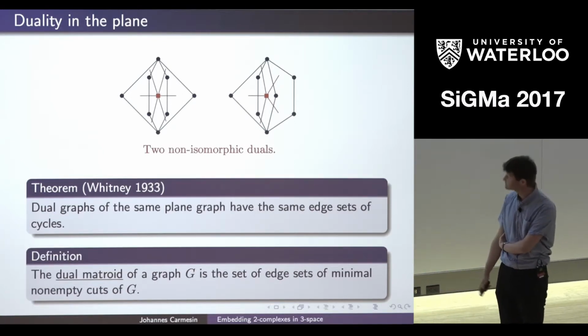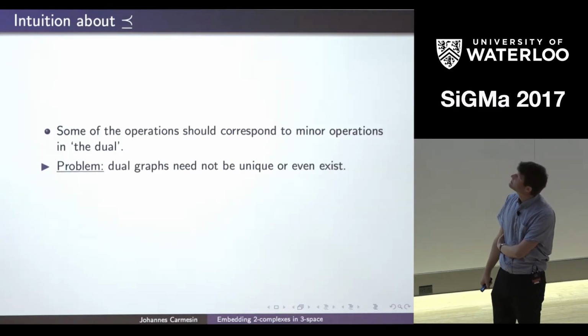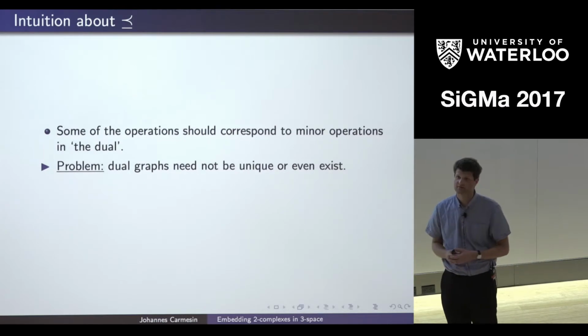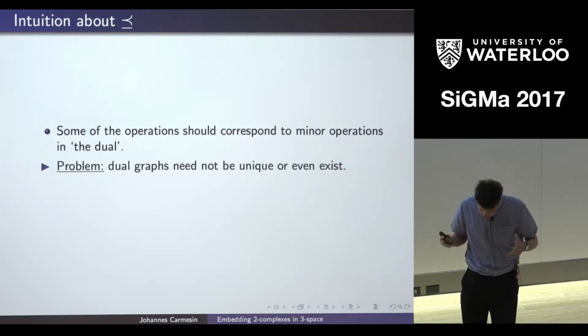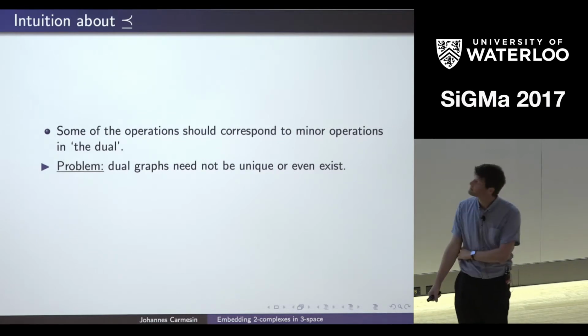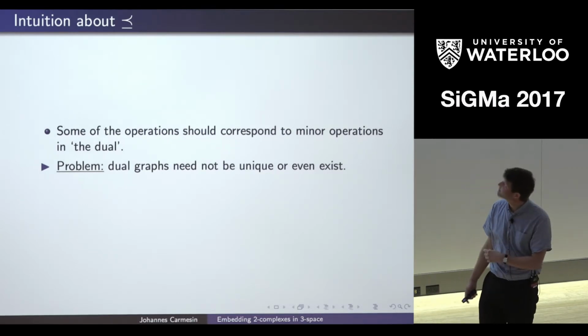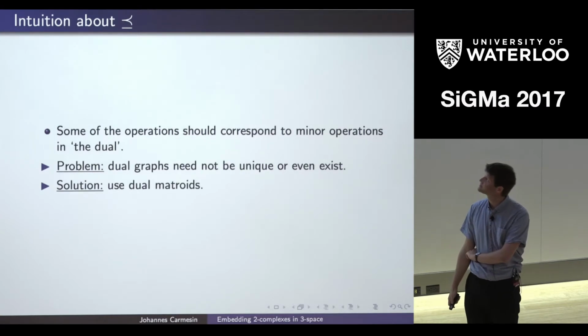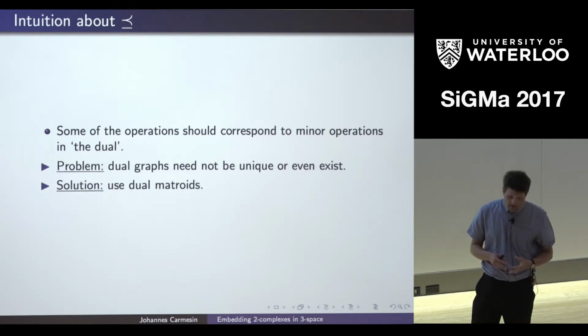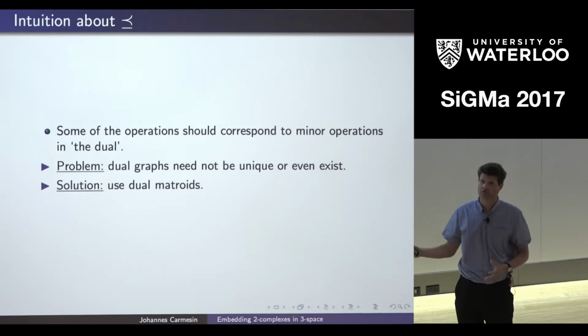Right, so now let me come back to the problem we had. So we had the problem that the dual graphs of the embeddings are not always uniquely defined. But now we can do the very same thing as in 2 dimensions. Namely, we can define the dual matroid of a 2 complex.